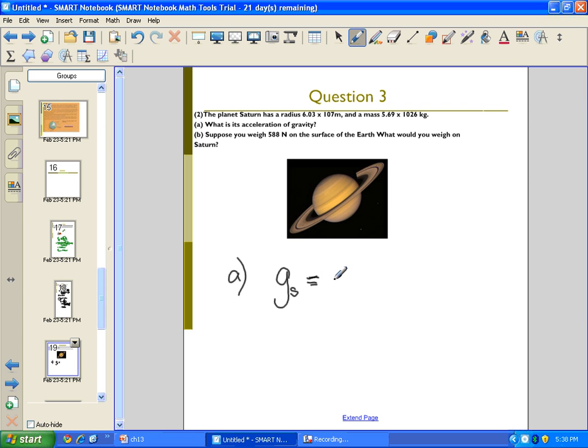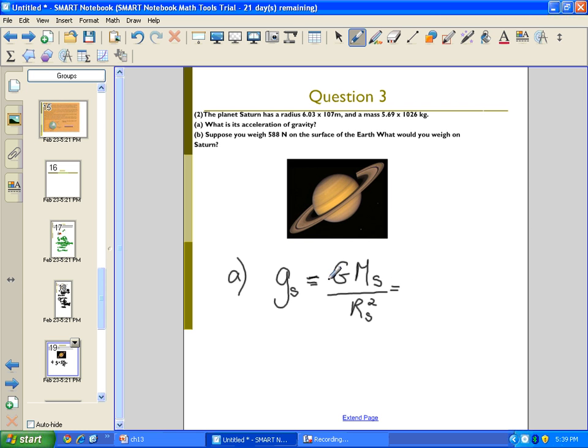Okay, well, just as we calculated the g of the Earth, we have to take big G, the gravitational constant, which always has the same value anywhere in the universe, times this time the mass of Saturn, not the mass of the Earth, divided by this time the radius of Saturn squared, not the radius of the Earth squared.